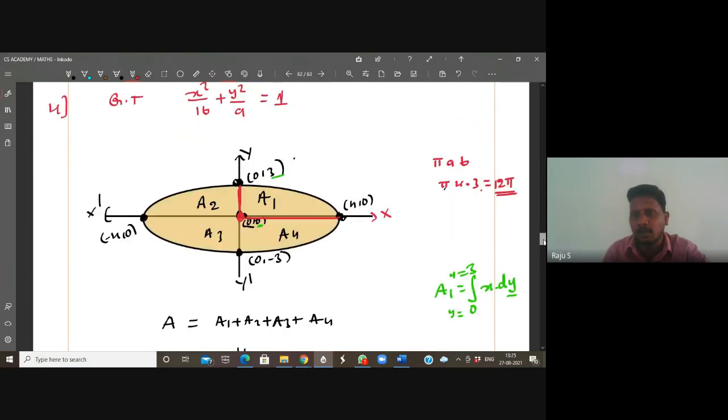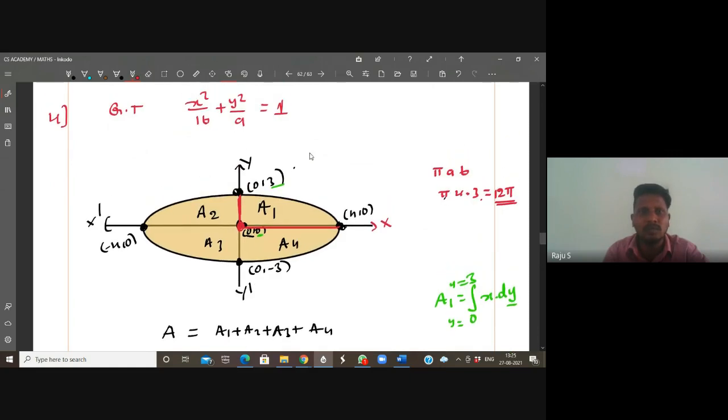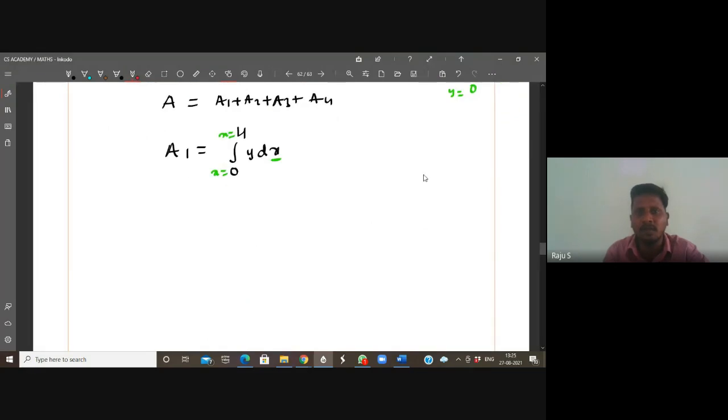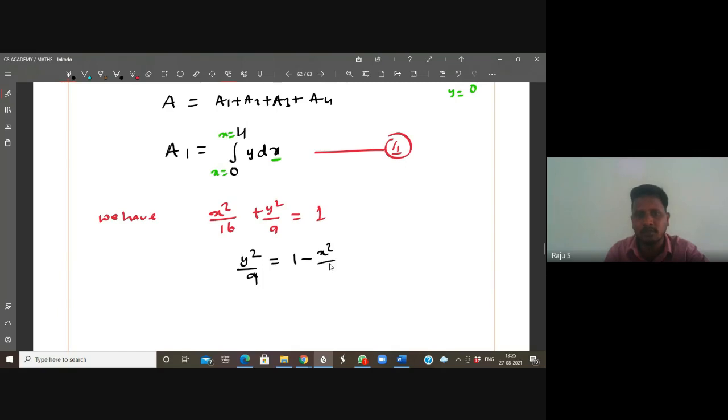So what is y? We know the equation x square by 16 plus y square by 9 is equal to 1. With the help of that, let us take this as 1. From this, you can find the y value. So y square by 9 is equal to 1 minus x square by 16. 16 is the LCM, so 16 minus x square.